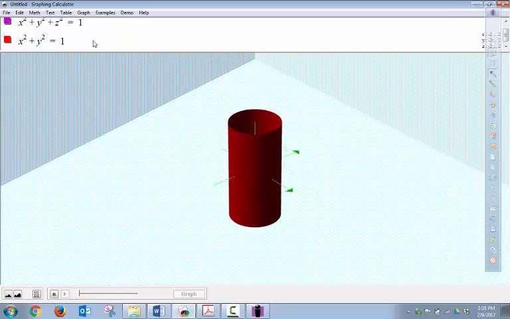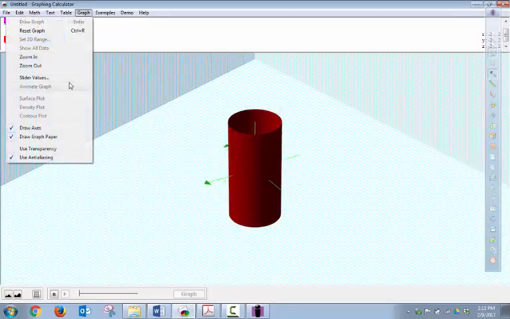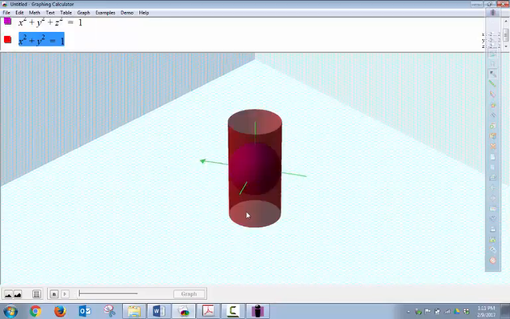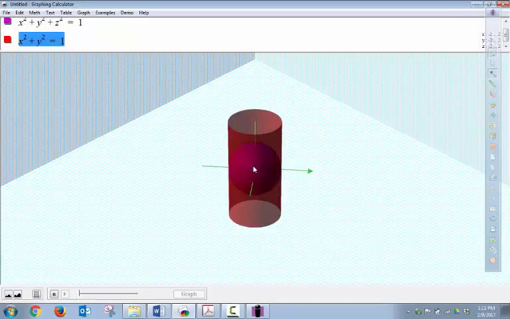So here's the cylinder, x squared plus y squared is equal to 1. You can use transparency so we can see the image of that sphere that's still inside, or we can make the sphere bigger or smaller.